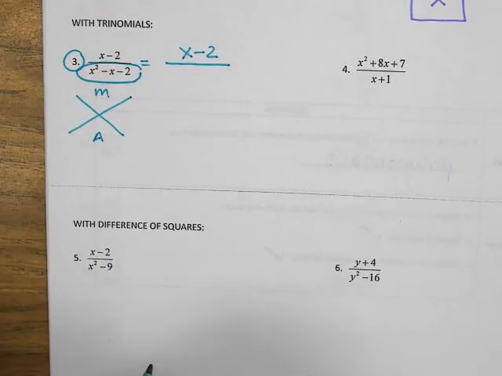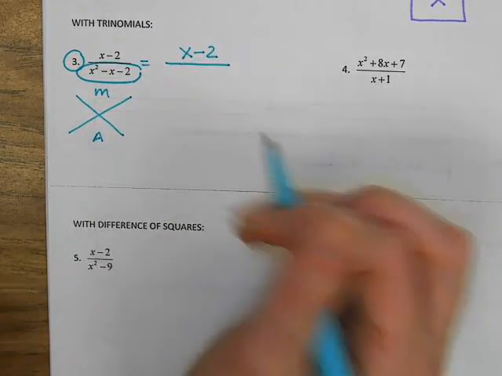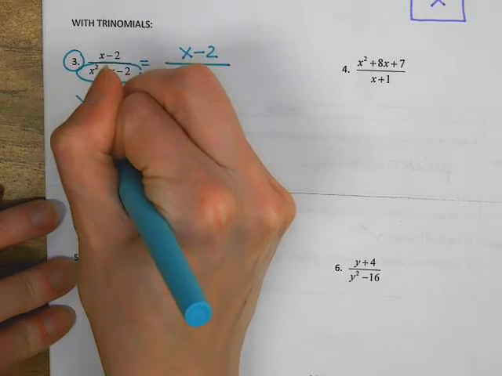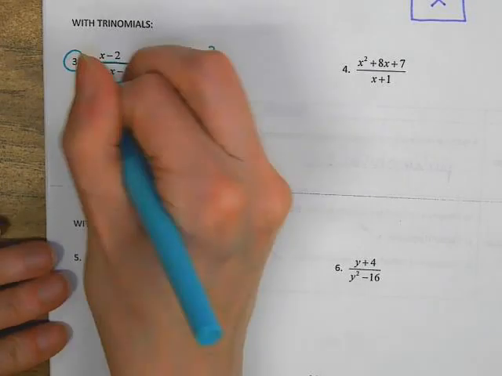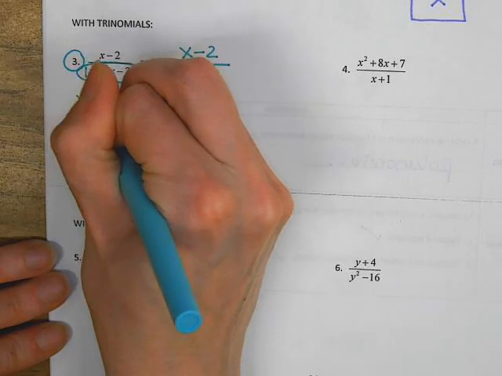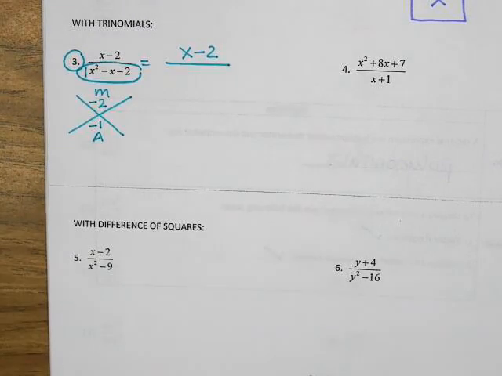Oh, wait, how did I do? Did I do it this way with you guys? With the crisscross? I don't remember. We got to find 2 numbers that add to the middle, -1, but multiply to the product of the first and last, which is -2. Okay, so what are those 2 numbers that multiply to -2 but add to -1?